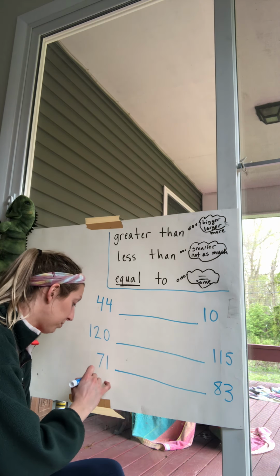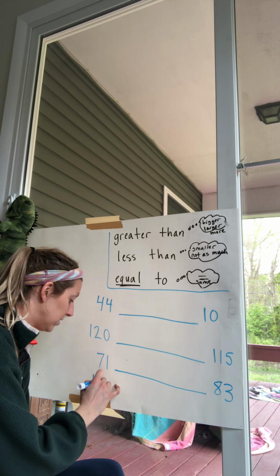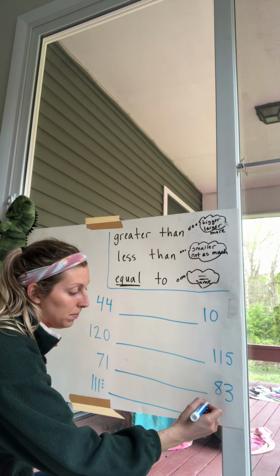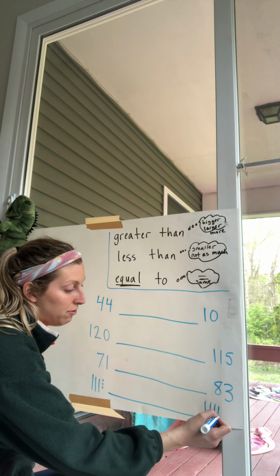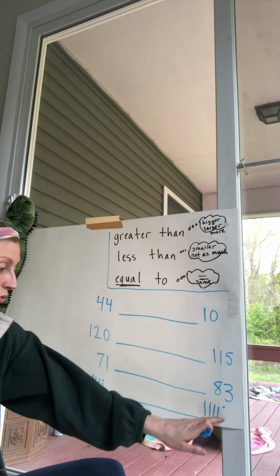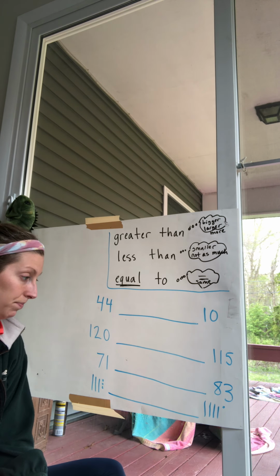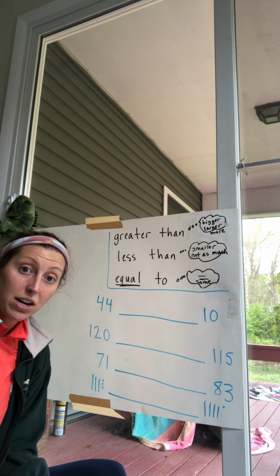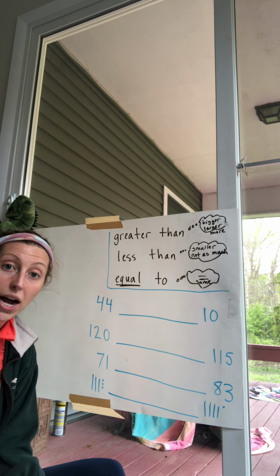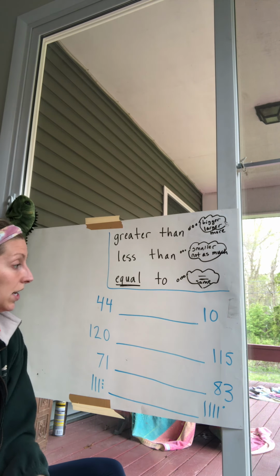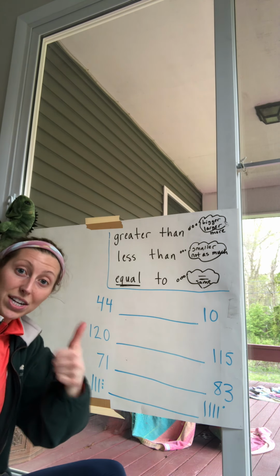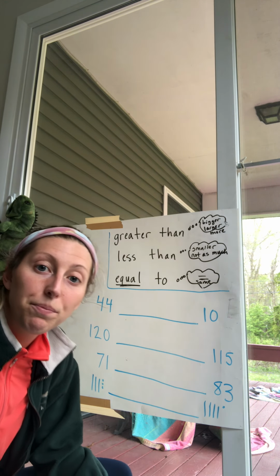I'm gonna have 3 quick tens and 3 ones on that side, and then I'm going to have 4 quick tens and 1 one. You can pause the video and read each number line, and put one of these 3 phrases into it. Once you do that, you're good to go, and stay tuned for the next video. Good job today.